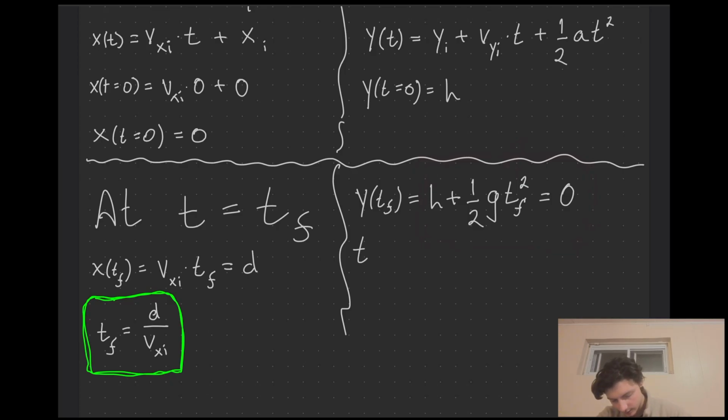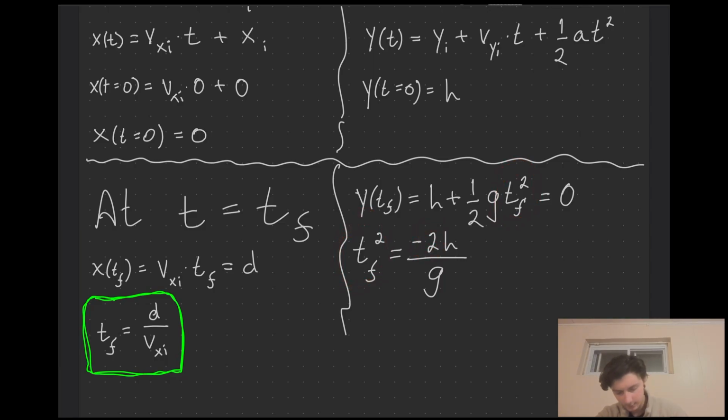So I have t final squared is equal to, you have a minus h here over g, and there's a 2. So you guys see what I did? I just moved this h on this side, so I get a minus h, and then I divide by g on both sides, so it gets canceled here, moves here, and then I multiply by 2, and that isolates for the t squared here.